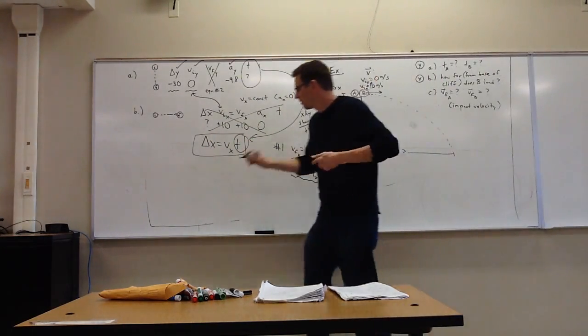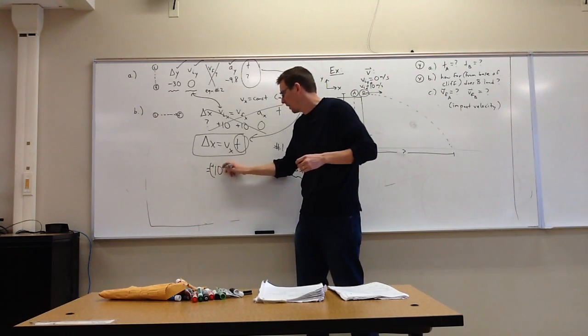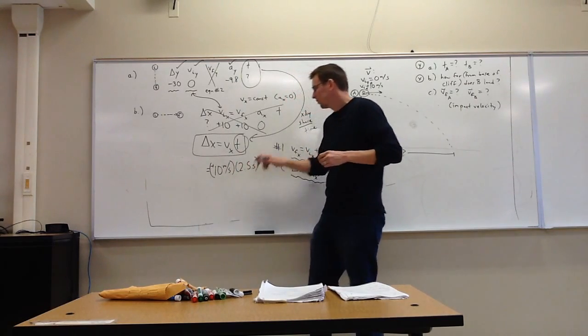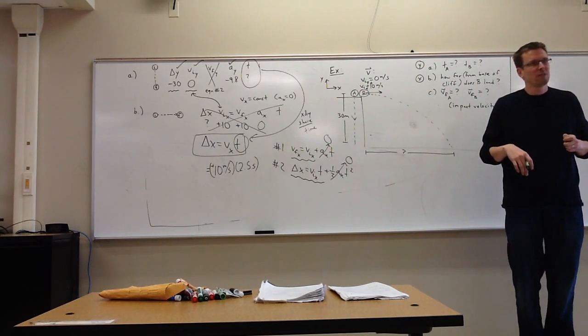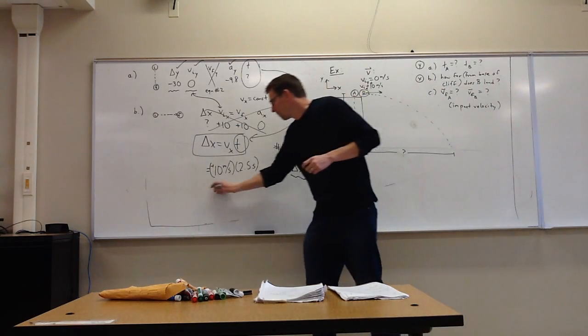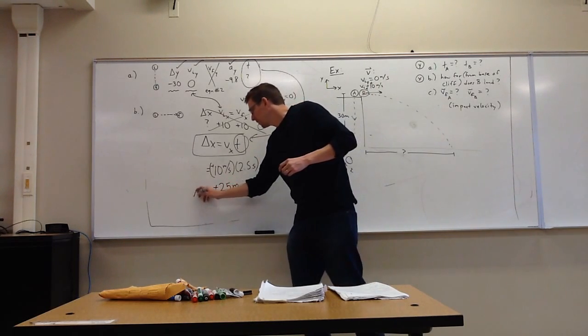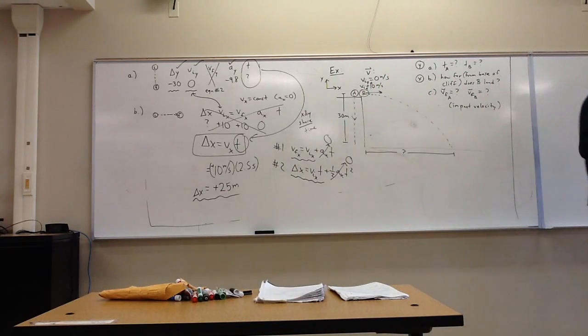So in this case, I know I have an x velocity of 10 meters per second, and my y direction says I have 2.5 seconds to spend it before the flight's over, and I can find that my x displacement is 25 meters. So that's how far of a chance I have to go to the side.